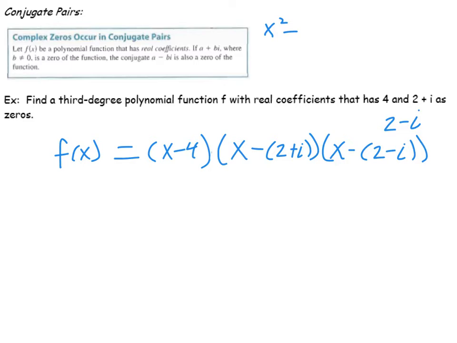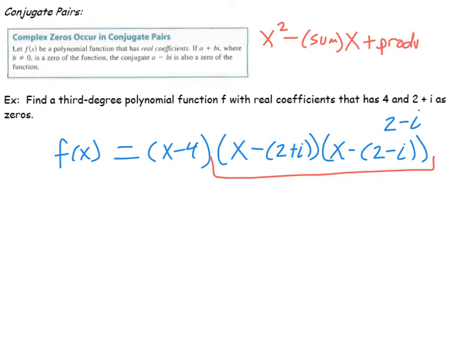So these two over here, if we were to FOIL those, it's going to be a quadratic, and the coefficient in front of that quadratic is 1. So let's take this approach. We've seen with quadratics that if you have the two zeros, it's x squared minus the sum of those two zeros, plus the product.